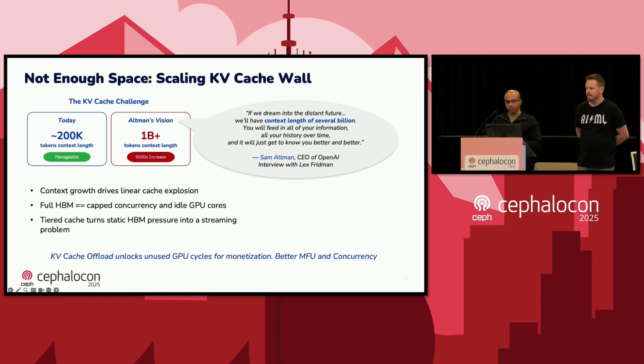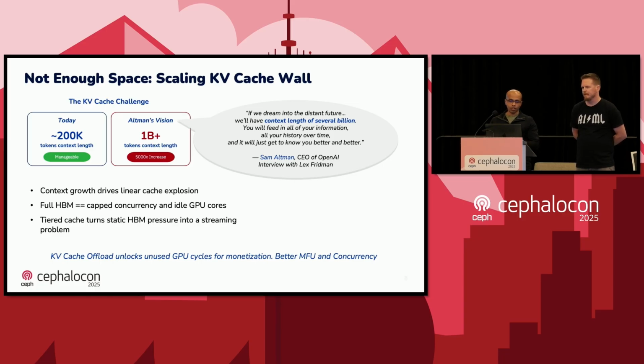Now, let's talk about the other challenges that come up with this context length growth. The memory where the model stores all the previous tokens it's seen grows linearly with it. So more context equals more memory needed. If you focus on the second bullet here, when you fill up the HBM, two bad things happen.